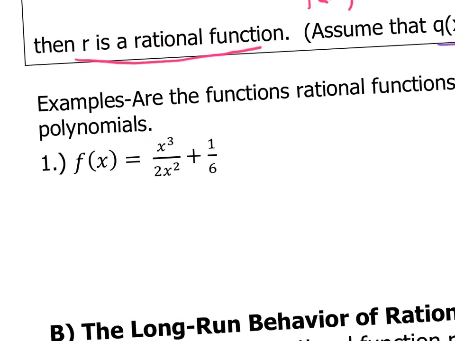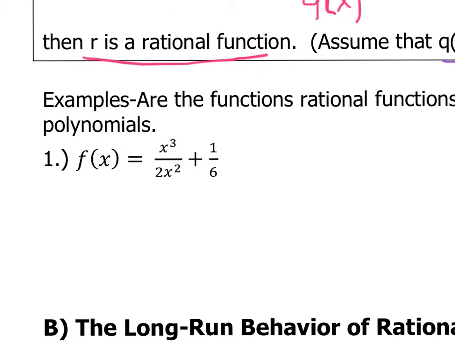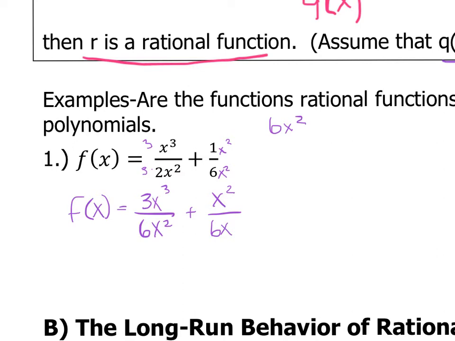So our common denominator is going to be 6x squared. So the first rational is missing a factor of 3. And the second rational is missing a factor of x squared. So we're going to multiply top and bottom by the factor that it's missing. So that gives us 3x cubed over 6x squared plus x squared over 6x squared.